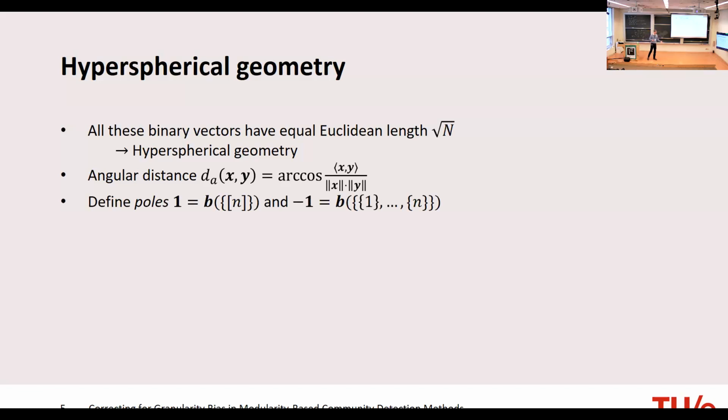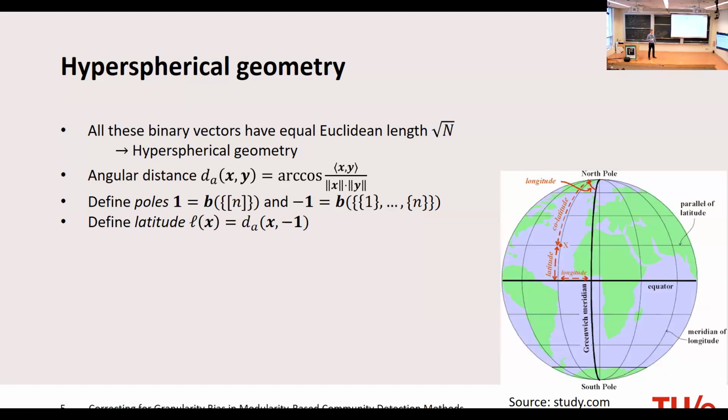For 2 particular partitions, namely the partition where all vertices are in the same set and the one where each community is a singleton, they form opposite poles, because you have either all 1s or all -1s, and they are on opposite points of our hypersphere. We define the latitude of a point as the angular distance to this -1 pole. This is of course inspired by geometry, so you might recognize that ball over there.